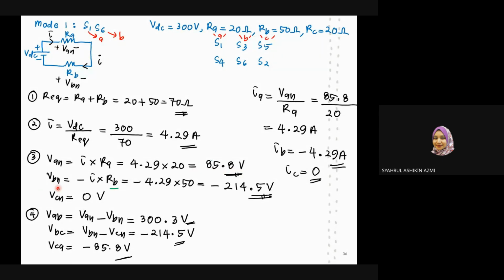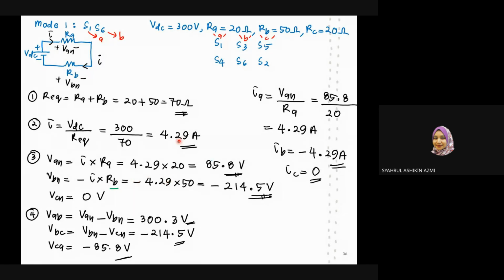Okay, VBN. Look here, it's connected to the negative terminal, right? The direction of your current is here, and your voltage is in the other direction. So don't forget to add the negative sign to indicate the reverse polarity between your voltage and current. So VBN equals negative I multiplied by RB.